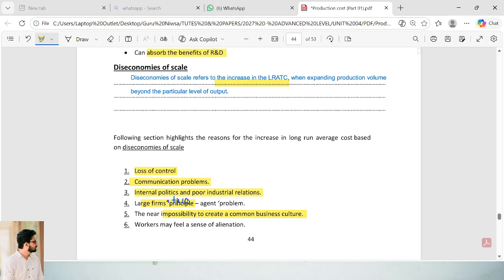They have nicely explained how, even though they are large scale producers, if they go beyond a particular production capacity, long run average total cost starts to rise. That is called diseconomies of scale.